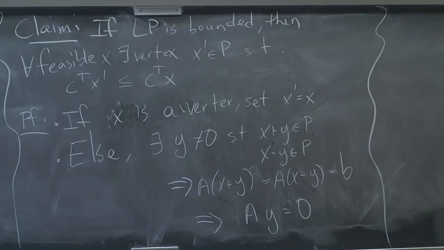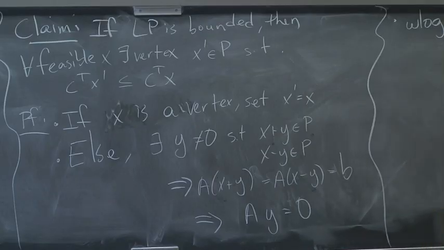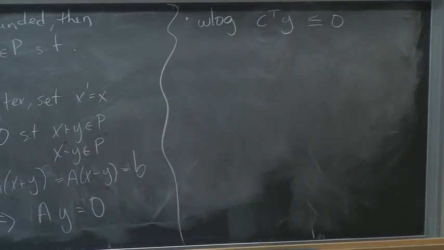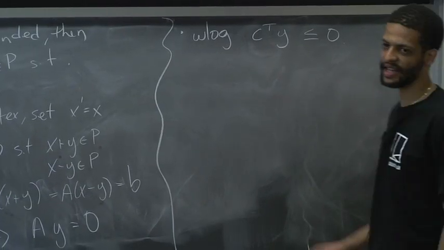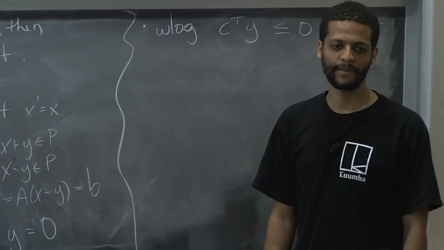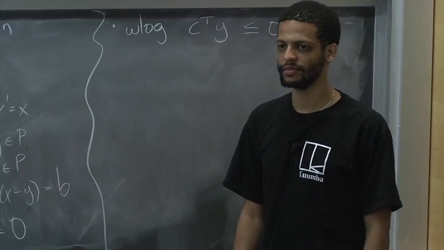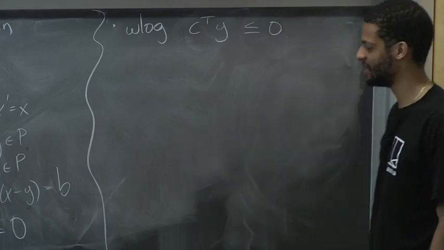Now, without loss of generality, C transpose Y is less than or equal to 0. Why is that the case? I just want to make sure people are with me.